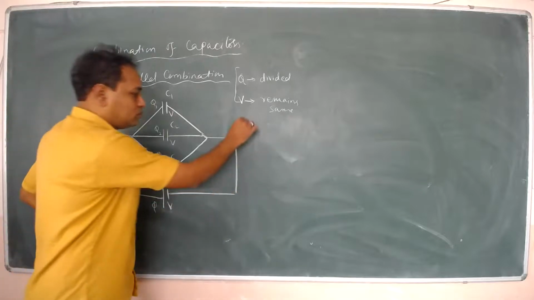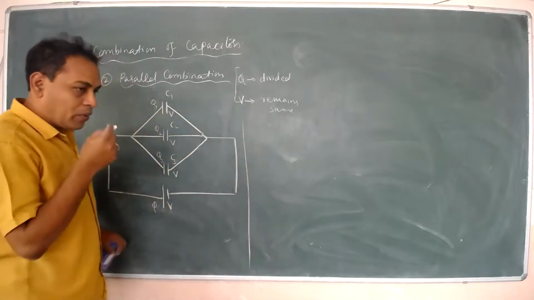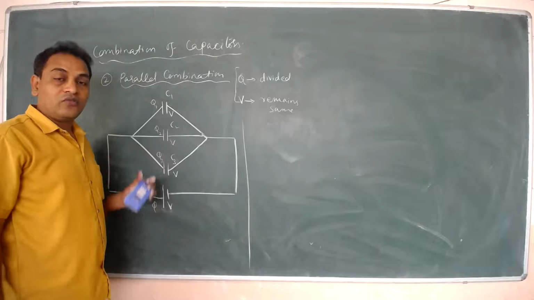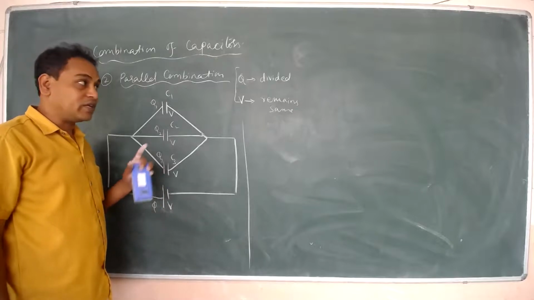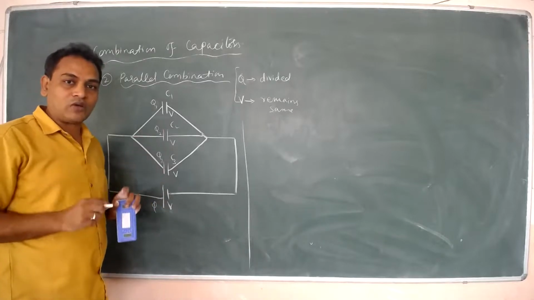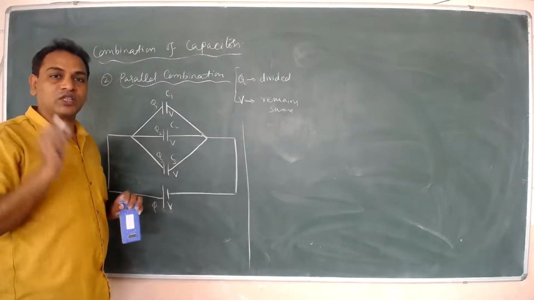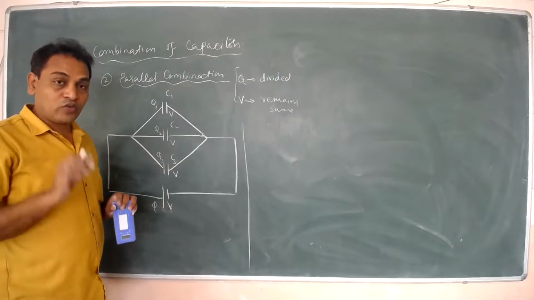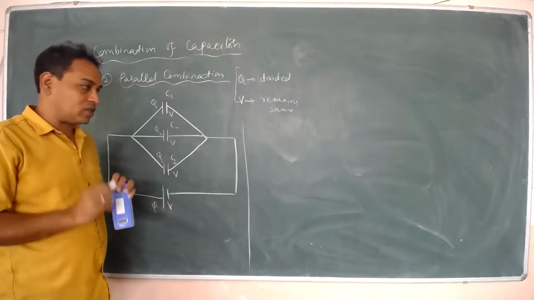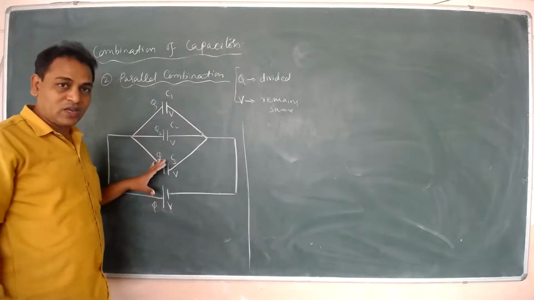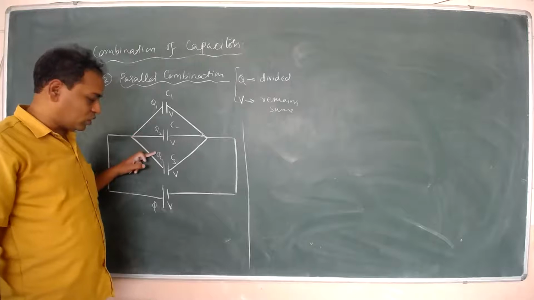Previously, in case of series combination, we started with V equals V1 plus V2 plus V3, because V is divided. Whichever quantity is divided, keep in mind that you take that one first. Here, what is divided? Charges Q1, Q2, Q3 are divided.